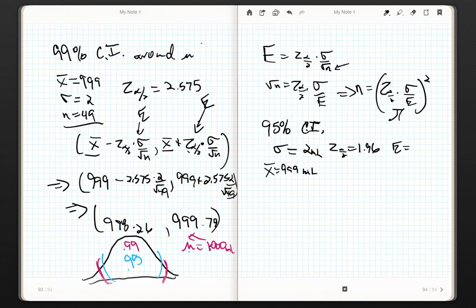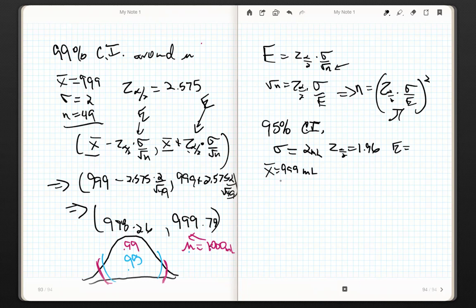It's going to be in milliliters, in the same units as our data. Think about it that way. So we get to build this. Now, again, this error measurement is fundamentally different than it is with population proportions, because now we're talking about the way in which the data is collected.